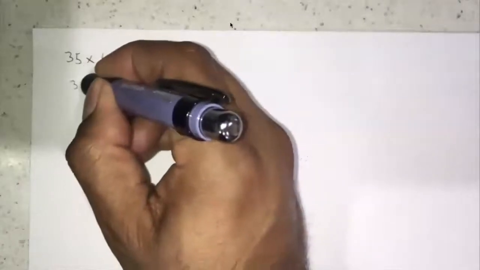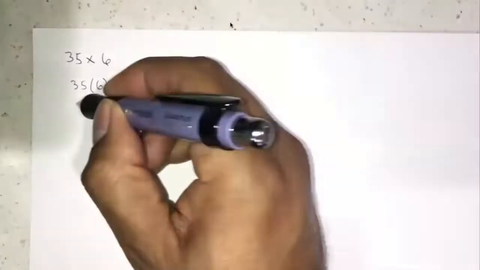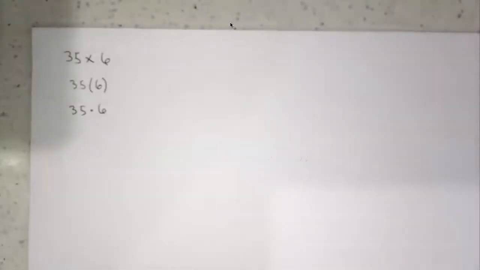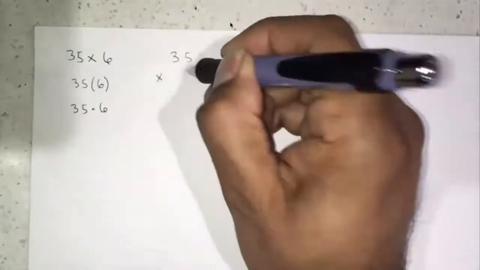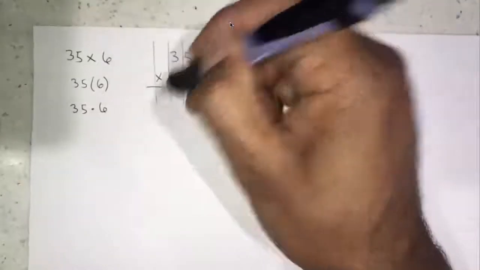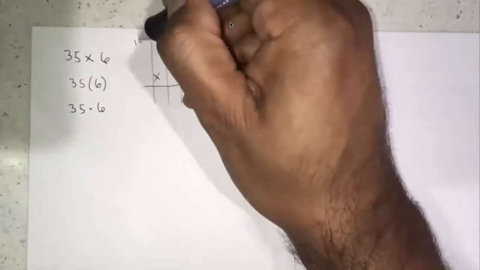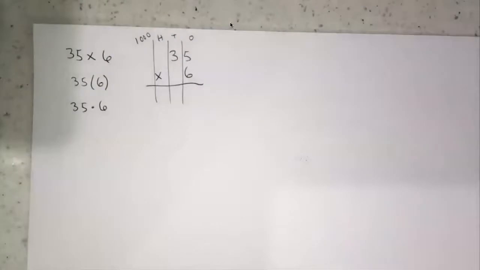I could also write it with the parentheses, or with the multiplication dot, so it's not going to confuse you. Remember that I like to set it up the way you were taught in elementary school, with my placeholders. This is my 1s, my 10s, my hundreds, and my thousands place. 6 times 5.